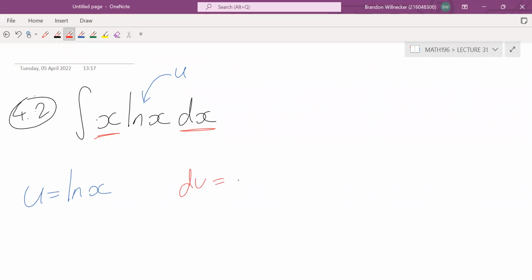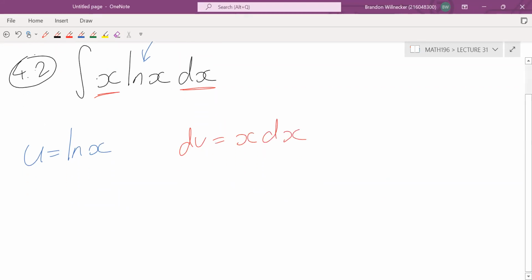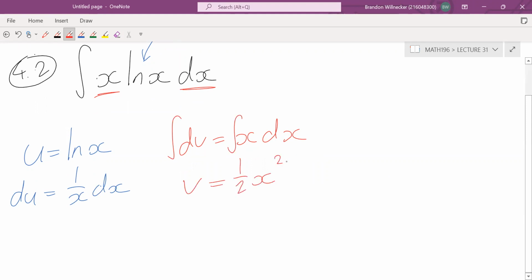And then dv is going to be x dx. That's easy enough to do. So what is du? du is going to be 1/x dx. Then we integrate, and v is going to become 1/2 x squared. Okay, so that is all of our pre-working done.